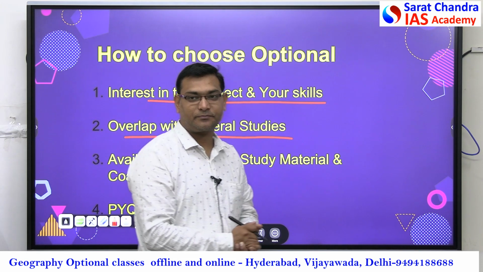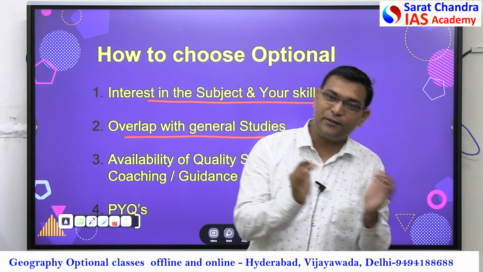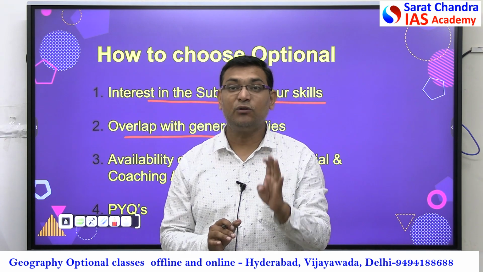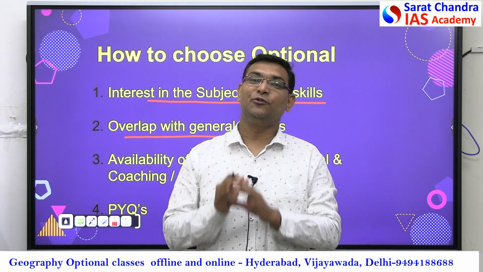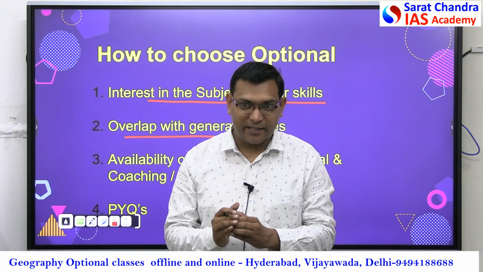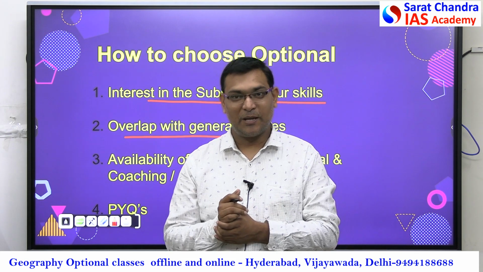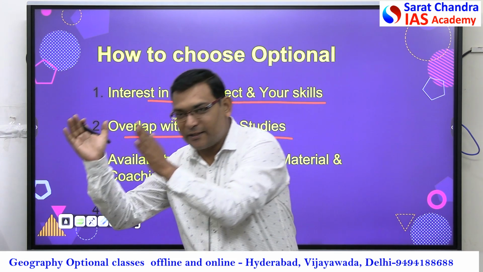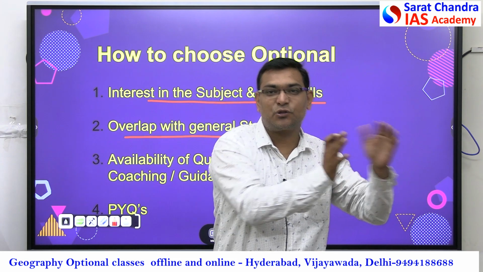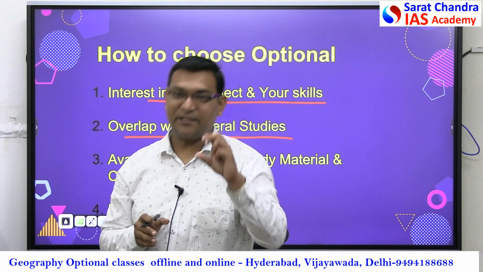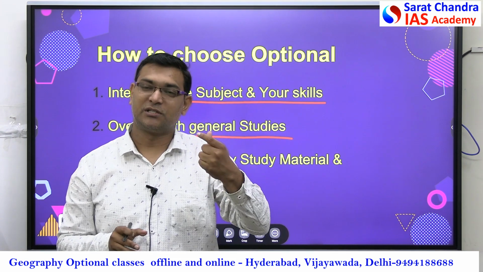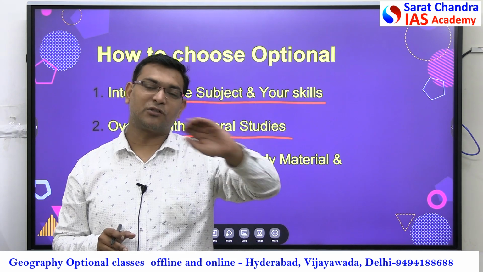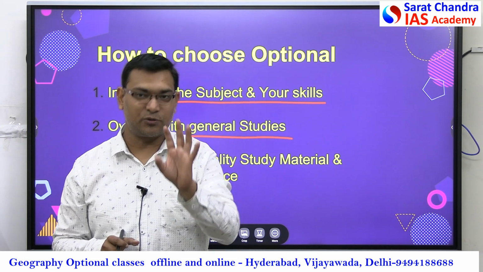Because when you are reading the optional of 500 marks and spending around 3 to 4 months on that, you need to get an advantage over the GS also, because GS is a vast ocean. So if you are reading the optional, some part of the GS also should be covered. That should fetch you almost a quarter, around 250 or 300 marks out of 1000.